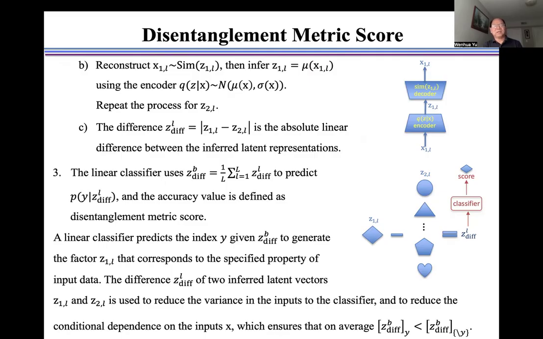The difference ZL of two inferred latent vectors Z1 and Z2 is used to reduce the variance in the inputs to the classifier, and to reduce the conditional dependence on the input X, which ensures on average ZB given Y is smaller than ZB excluding Y.